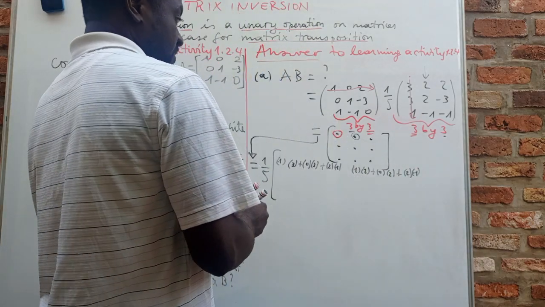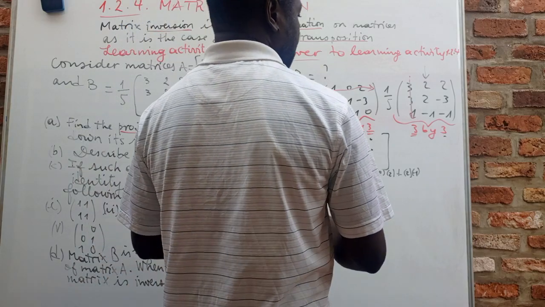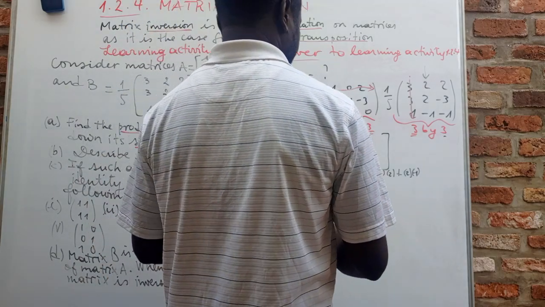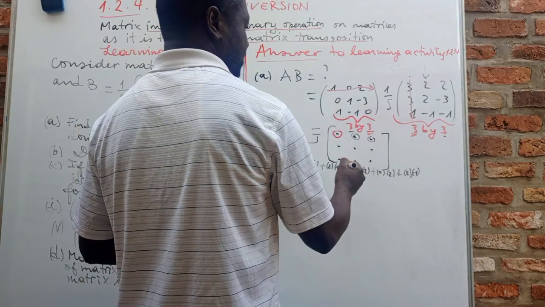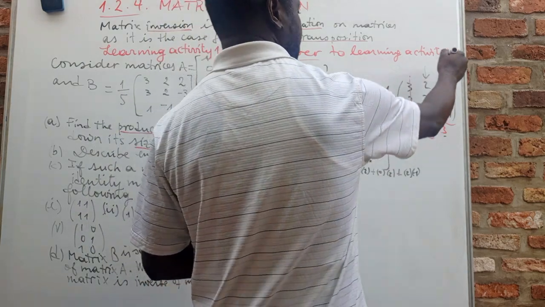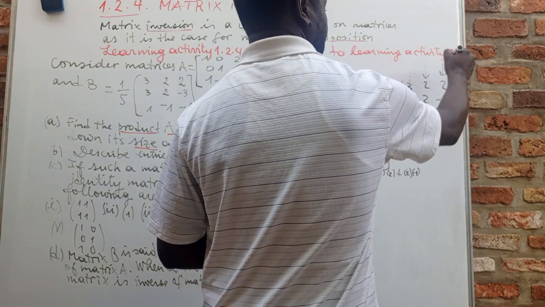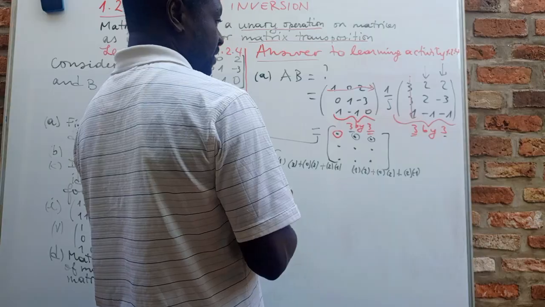Okay, so now if I want to find this element, I have to take the first row, then the third column.